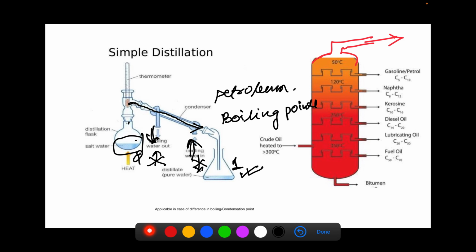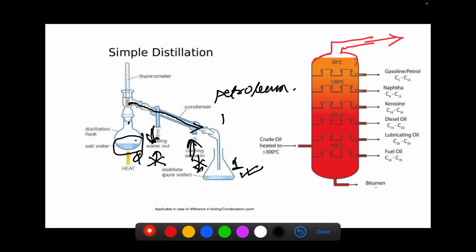So we cannot use this simple distillation apparatus to separate those liquids. So we use this complex apparatus for separating those substances.